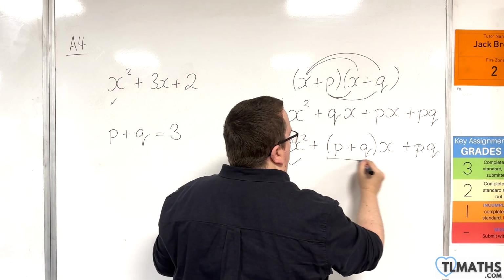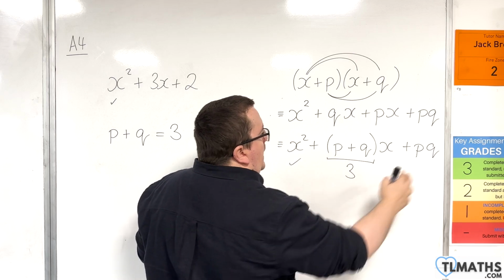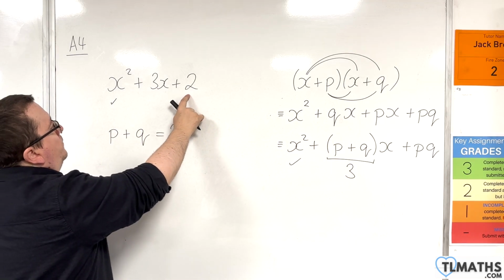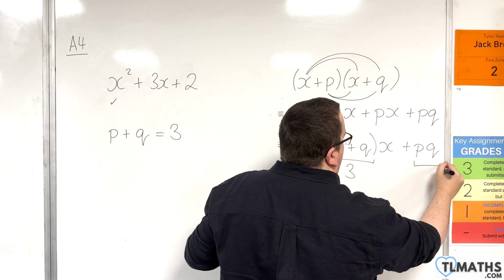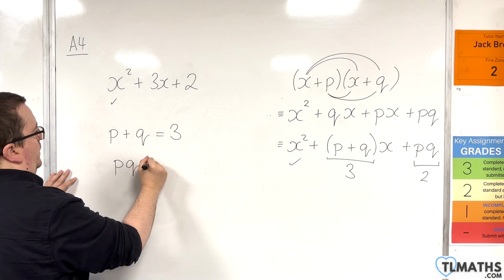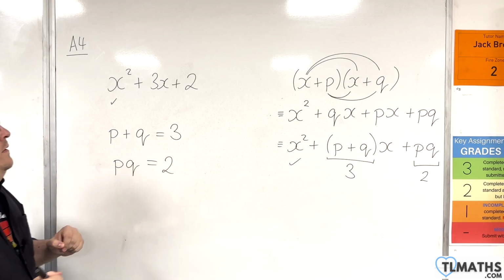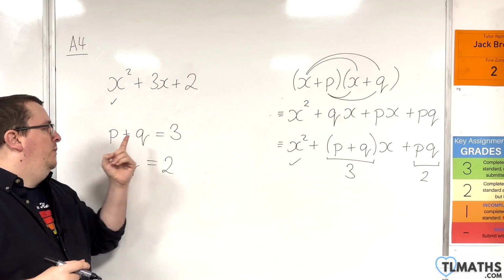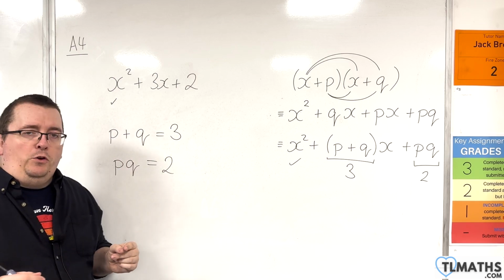And the bit on the end, the plus pq, must be the 2. So this bit has to be the 2. In the grand scheme of things, you might be looking at these and going, well, actually, these are simultaneous equations to solve.